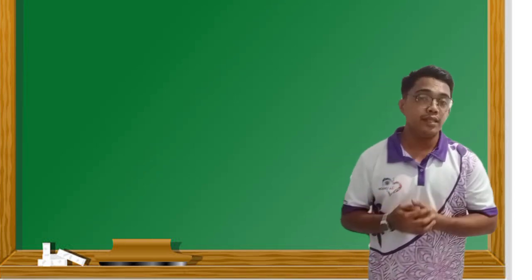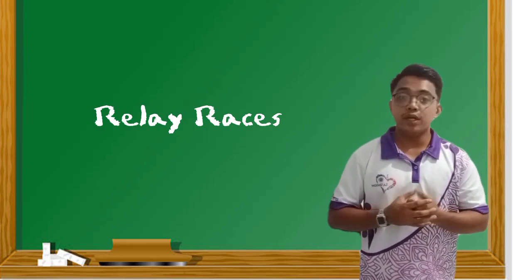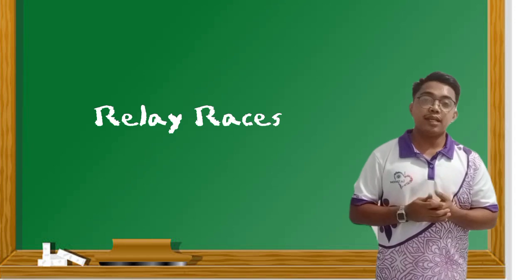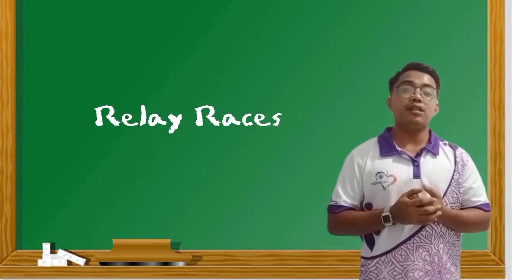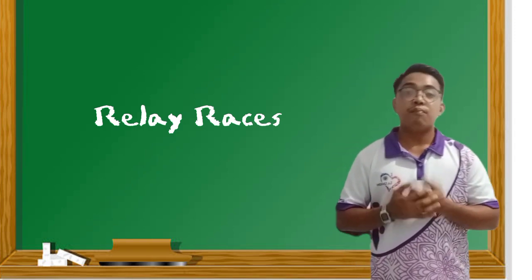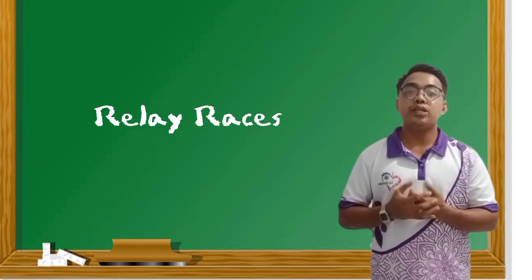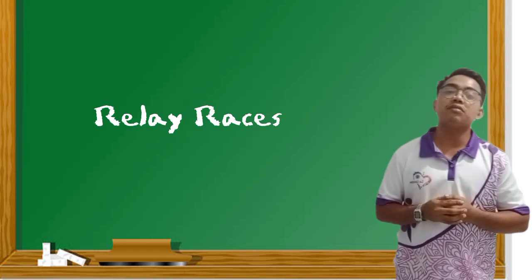So, the next one is the relay races. Relay races are where teams of runners compete against each other. There are typically four runners and four legs to the race. The first runner starts with the baton and runs the first leg, handing off to the second runner.